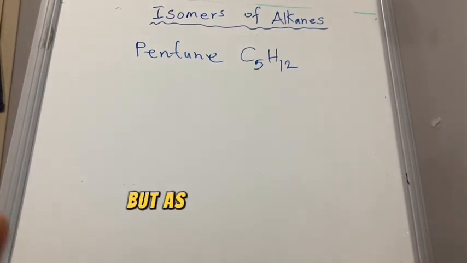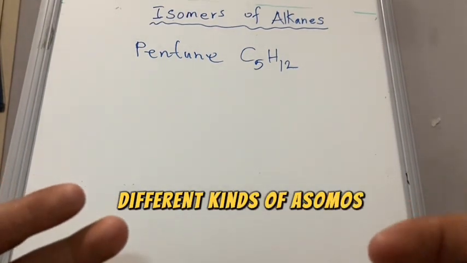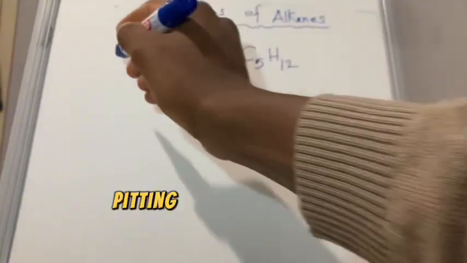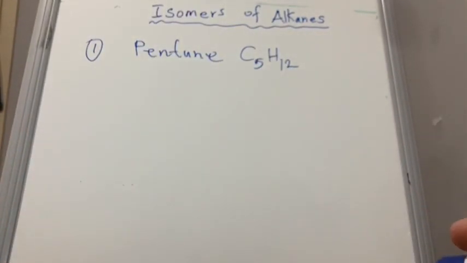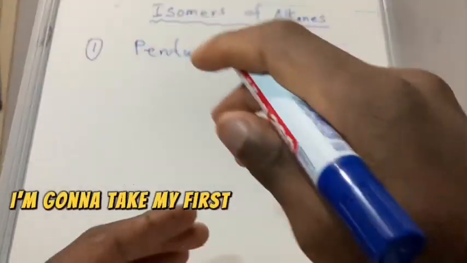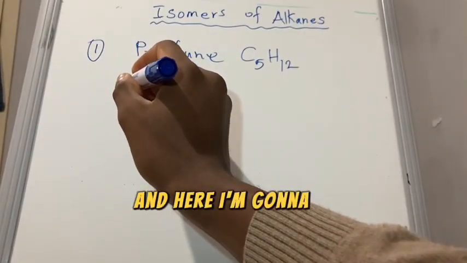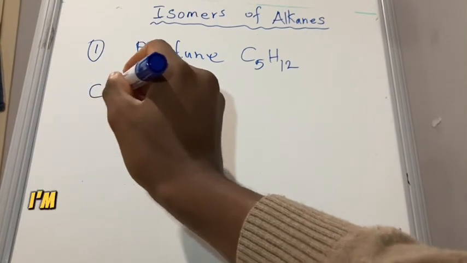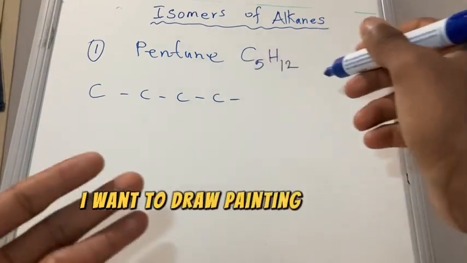Each compound has different kinds of isomers. Pentane is our first example. Let's see what's going to happen. I'm going to draw 5 carbons because I want to draw pentane isomers.